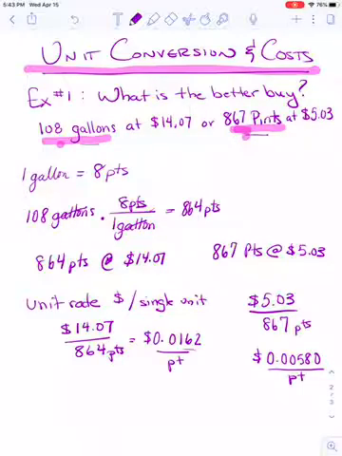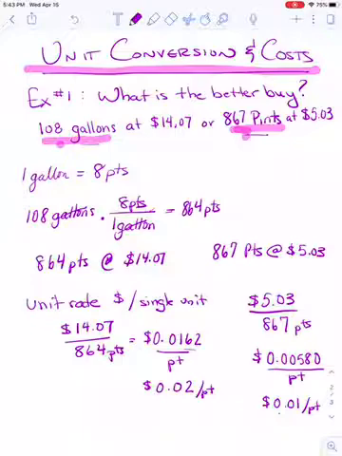So if I look at it, this one rounds to 2 cents per pint, and this one rounds to 1 cent per pint. If you ever end up with an example where they both round to a penny, you may need to look at the tenth of a penny, the number after it, to determine which one's the better buy.